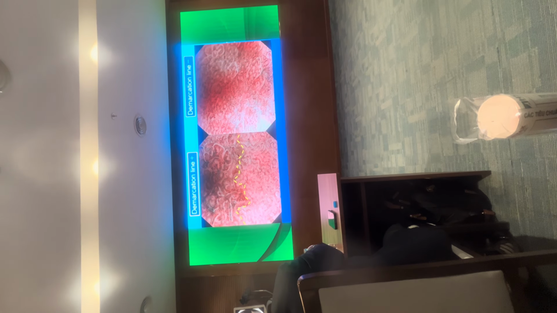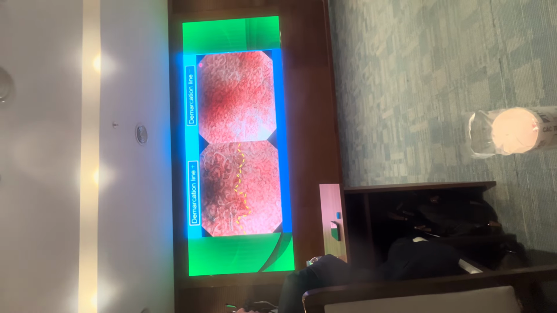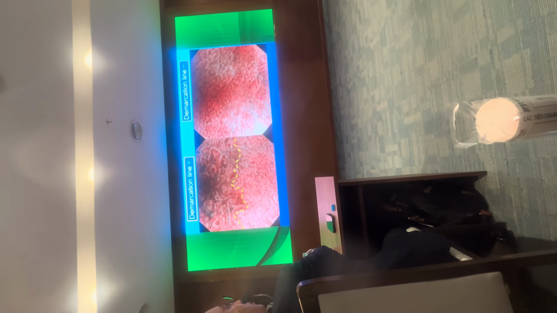In the right picture, the microvascular pattern and microsurface pattern here and here are different, but they change gradually. In such a case, the demarcation line is negative.